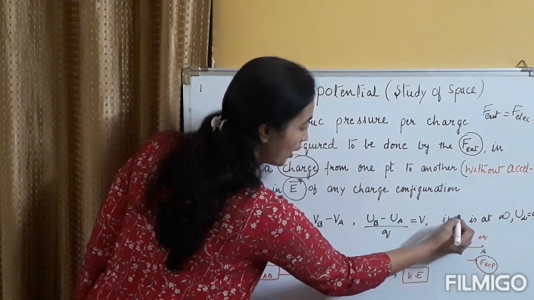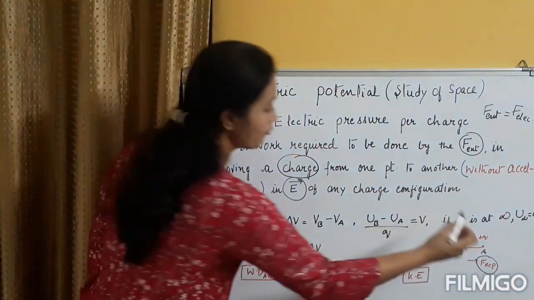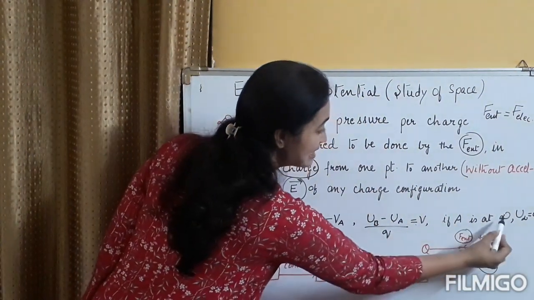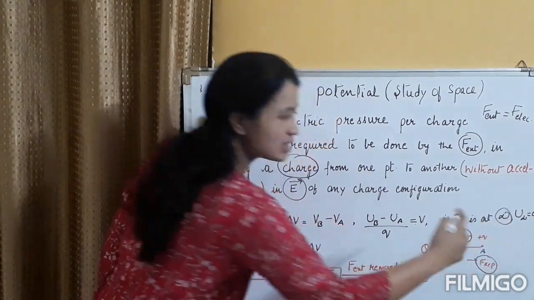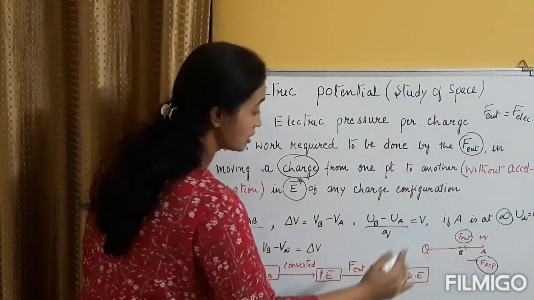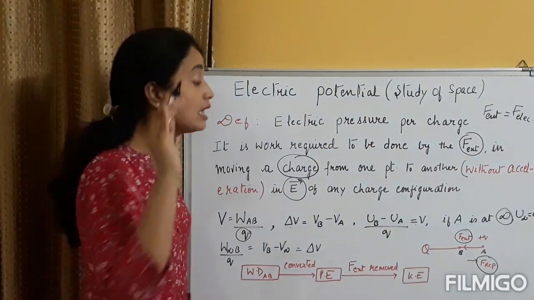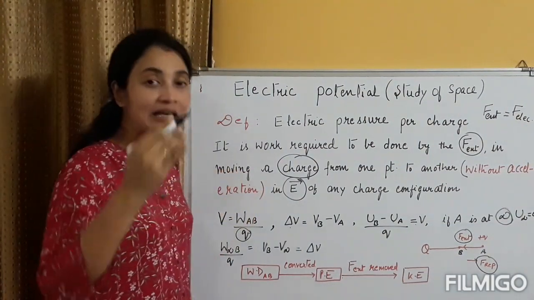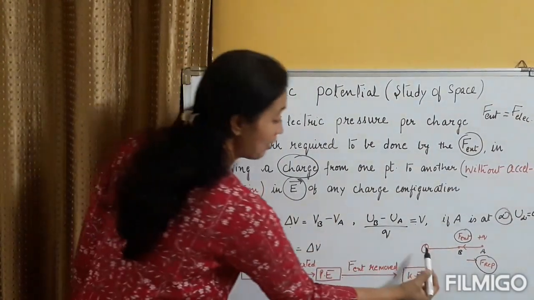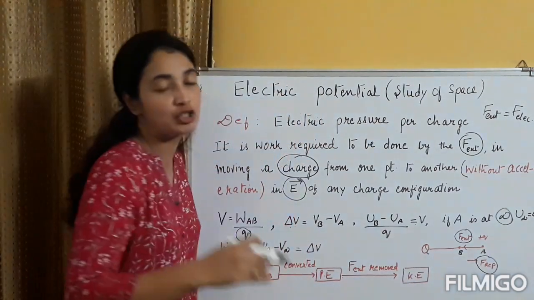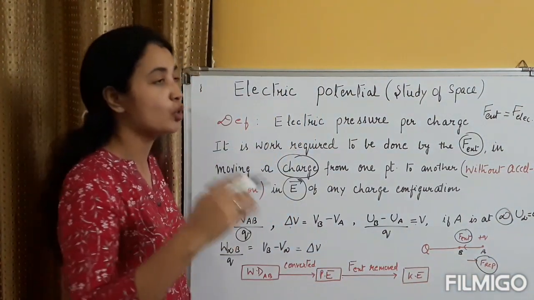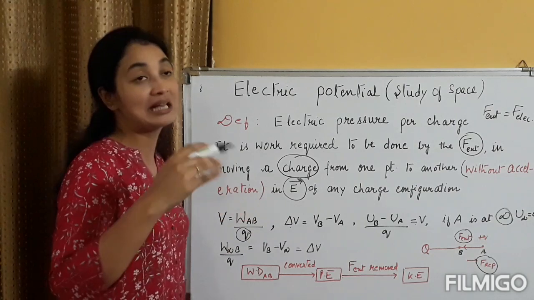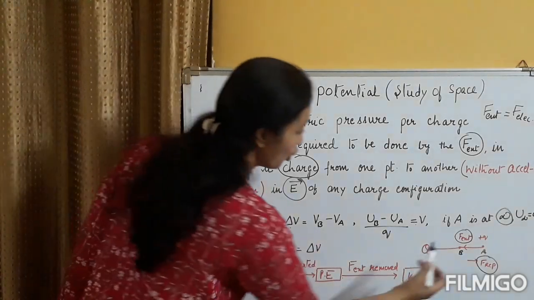Suppose your point A, the initial point from which you are bringing the charge, is at infinity. What is infinity? It is considered to be that distance where the effect due to the source charge is negligible, or the electric field value at that point is 0 also.